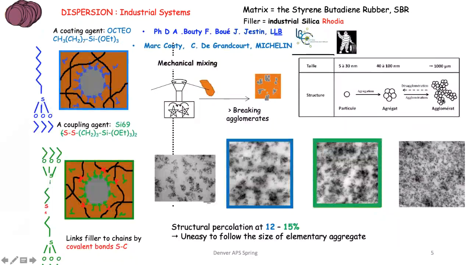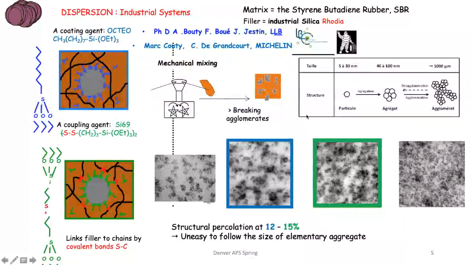You don't start from individual particles, and you mix this aggregate with rubber in an industrial stirrer, and you both mix and break and reaggregate the aggregates, and the result is rather well dispersed, well characterized aggregate, which depends on the type of wrapping you put on this aggregate.